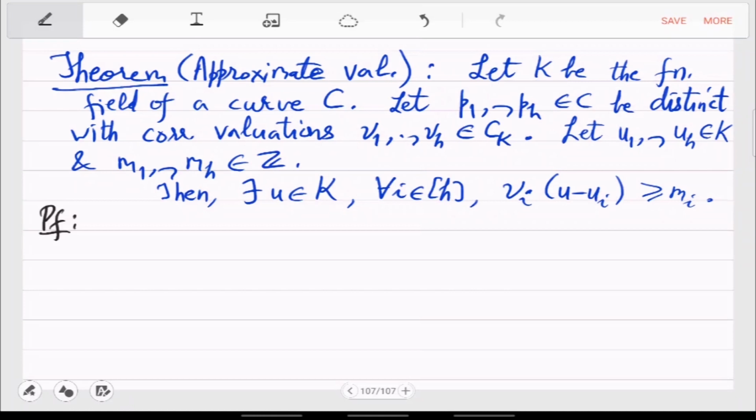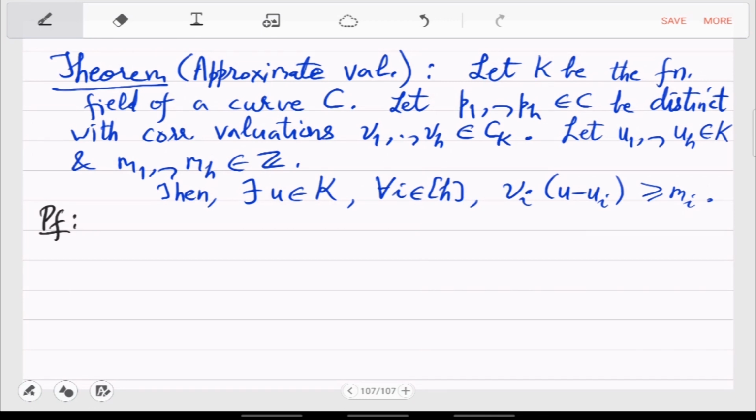Okay, so this is the approximation theorem for finitely many valuations. It has some extra data: these ui's are given, and mi's are given, and you want a single function u such that the valuation of the difference of u with ui is at least mi. It's phrased a bit differently than the question that I had asked, but actually the question will be answered from here also. We'll see that very soon.